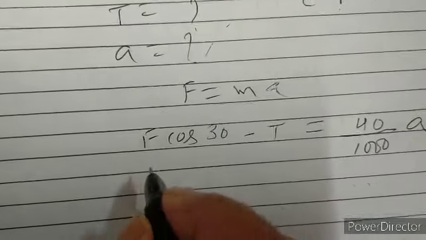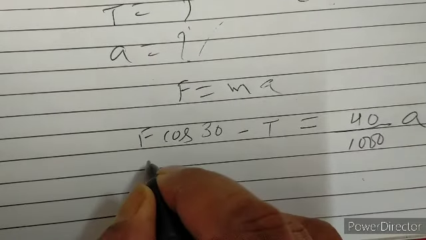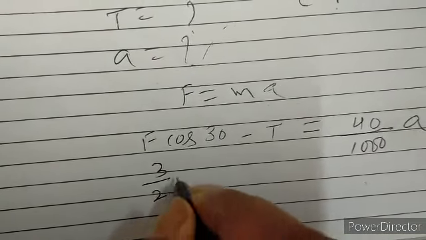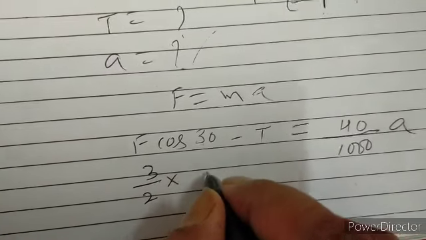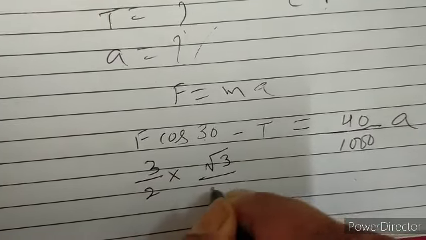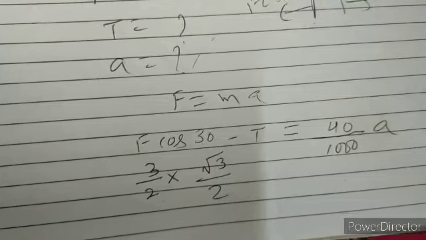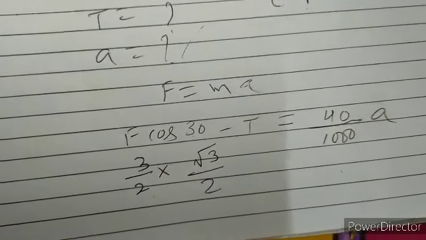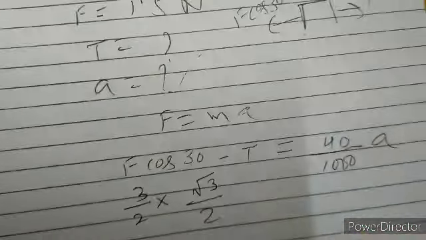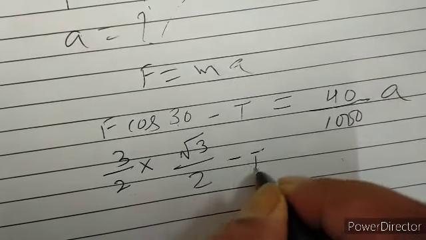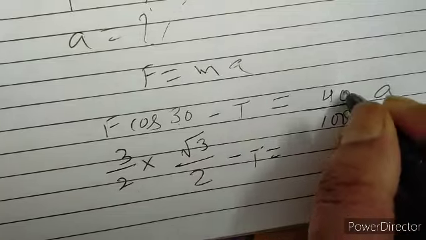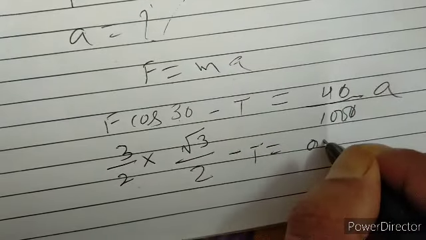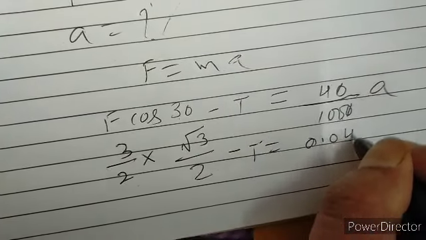Now force is 1.5, which means 3 by 2, and cos 30 is root 3 by 2. Clear? Cos 30 is root 3 by 2. Minus T is equal to 0.04a.